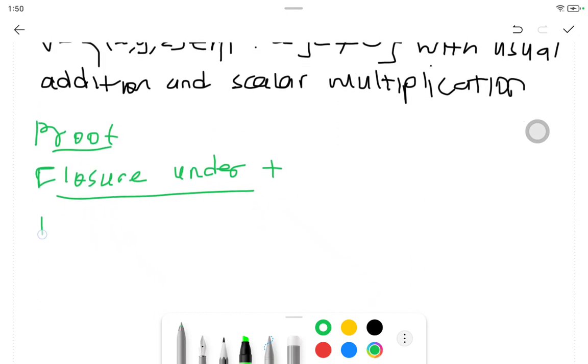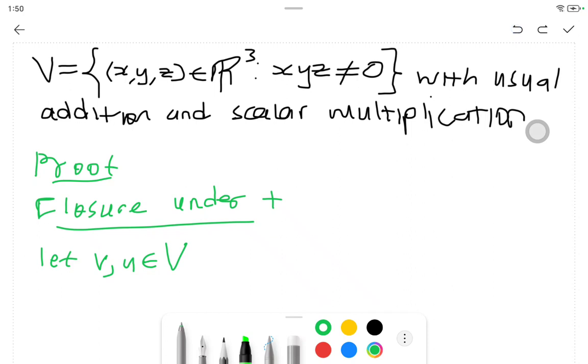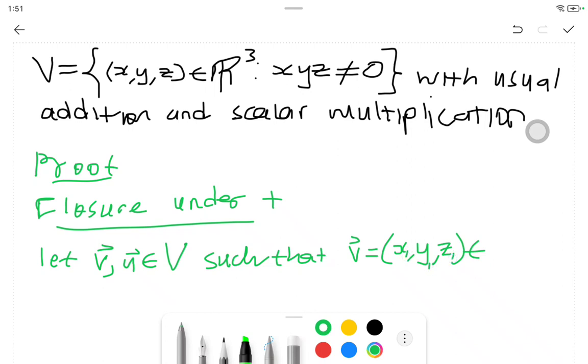Let V and U be elements of V, where V is equal to (x1, y1, z1), an element of R cubed, such that if I multiply x1, y1, and z1, I'm not going to get 0.